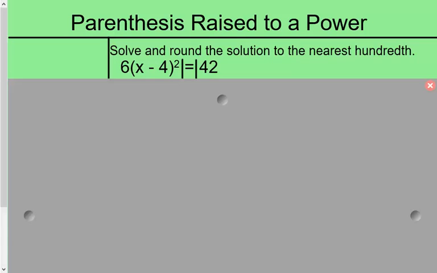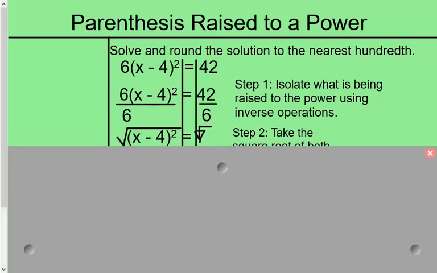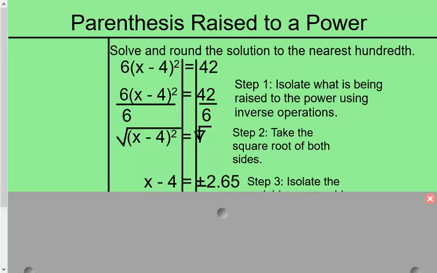Now here the problems are a little bit different, and that's because we have a set of parentheses here. So I'm going to start by dividing by 6 on this one. And that gives me 7. And then I'm going to square root both sides. Now the square root of 7 is positive and negative 2.65. The best thing to do is to write the two equations out separately.